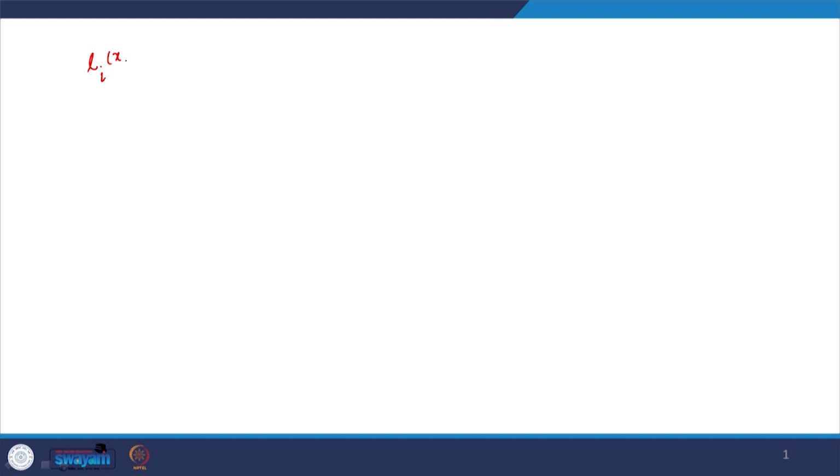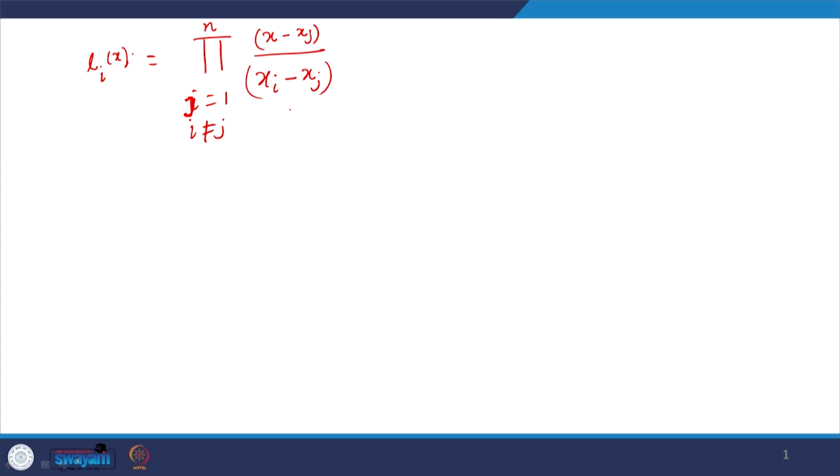For any node I, it is the product of x minus x j divided by x I minus x j, sorry, this would be j, as long as I is not equal to j.